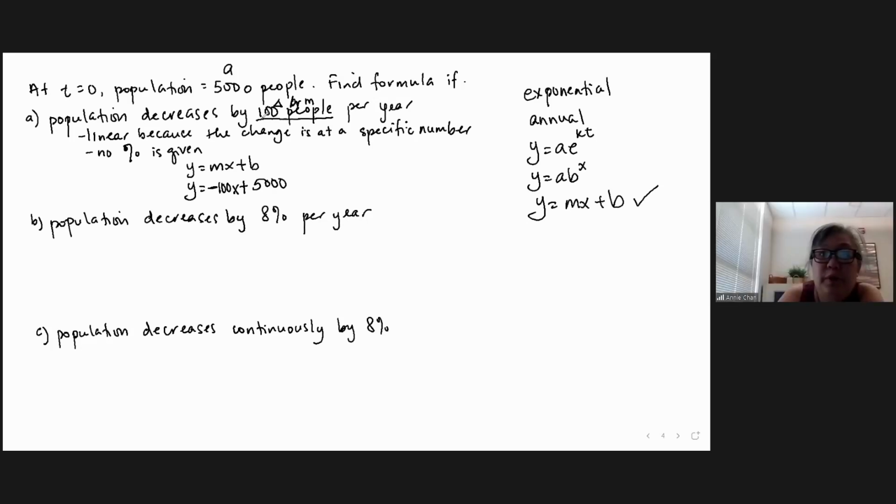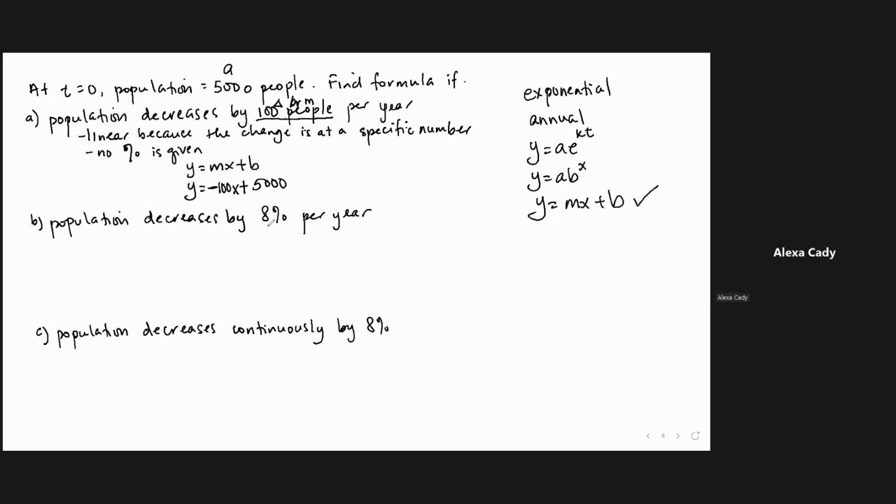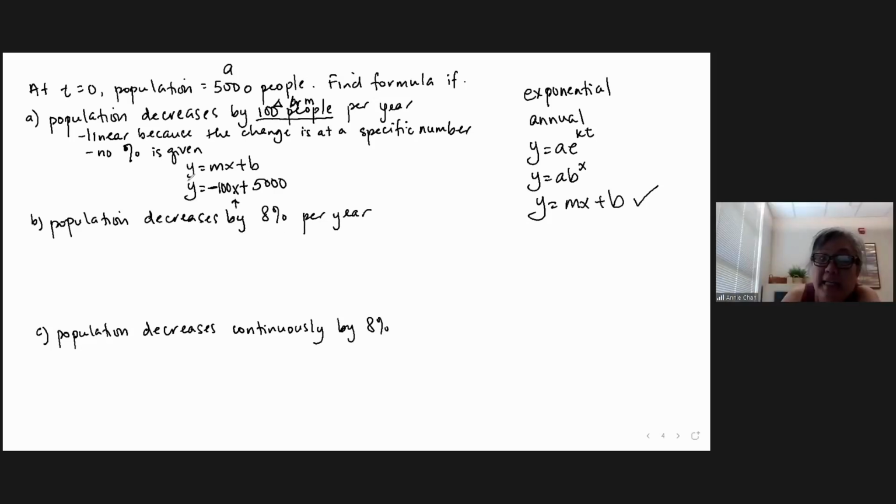Because they tell you exactly how many people you're losing every year. X tells you time. Y is the result of this change. Then the 5,000 people is your start at x equals 0.